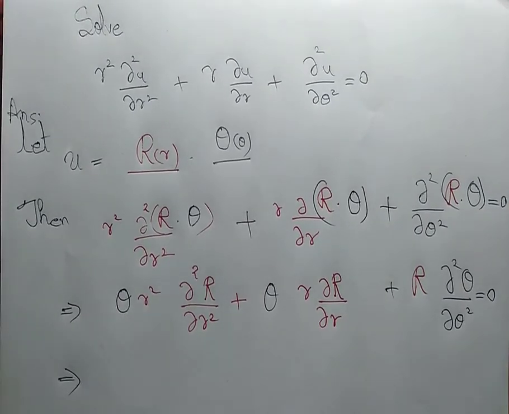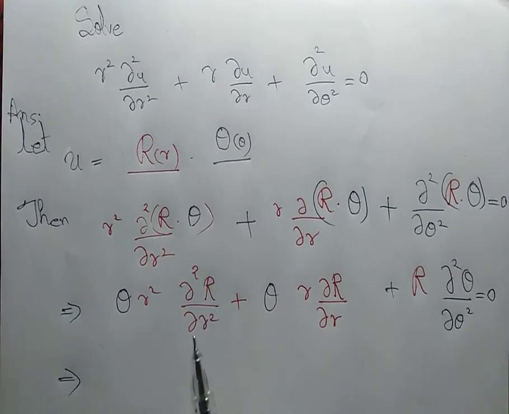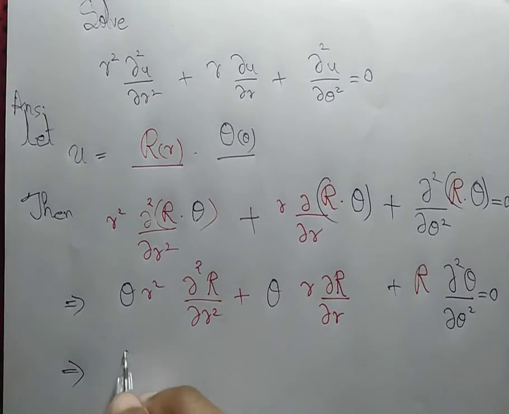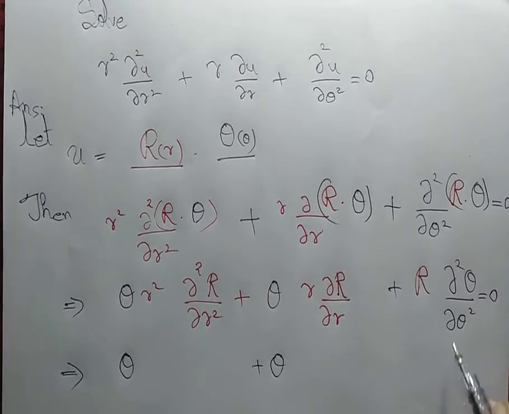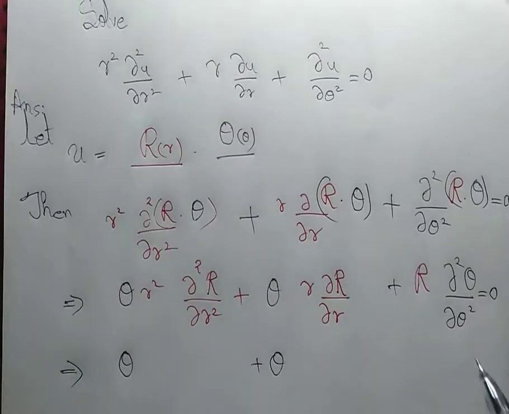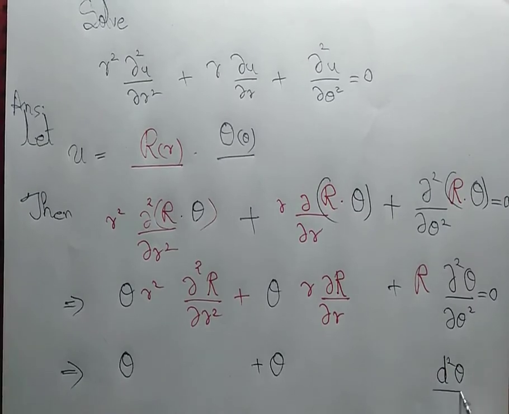Now you see, r is a function of r only, and you are partially differentiating with respect to r. So you can just write it as an ordinary derivative. And so theta as it is, theta as it is. Here also theta is a function of theta only, so you can just write it as an ordinary derivative.